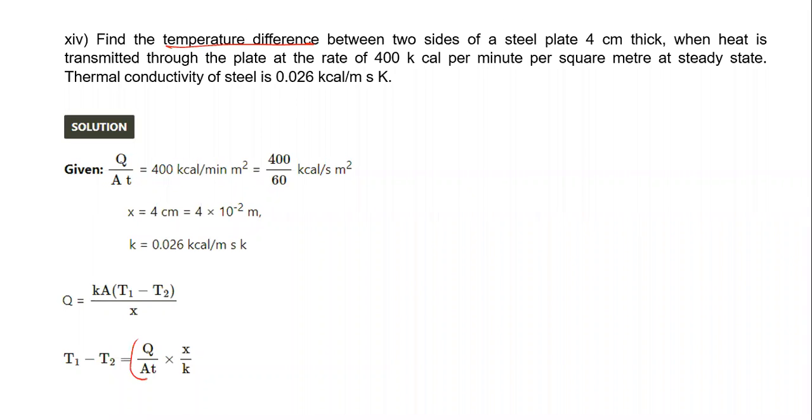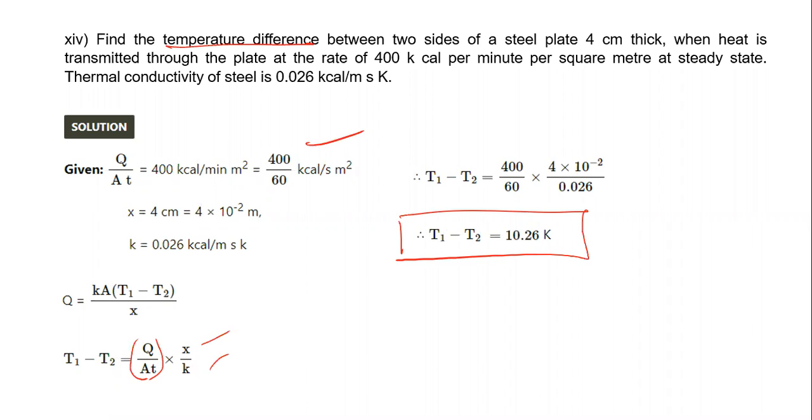This Q upon A t is given here, X and K are also given, that we have to substitute. After substituting, we get the temperature difference and it is 10.26 Kelvin. You have to do the calculation. So this is the temperature difference between the two sides, 10.26 Kelvin.